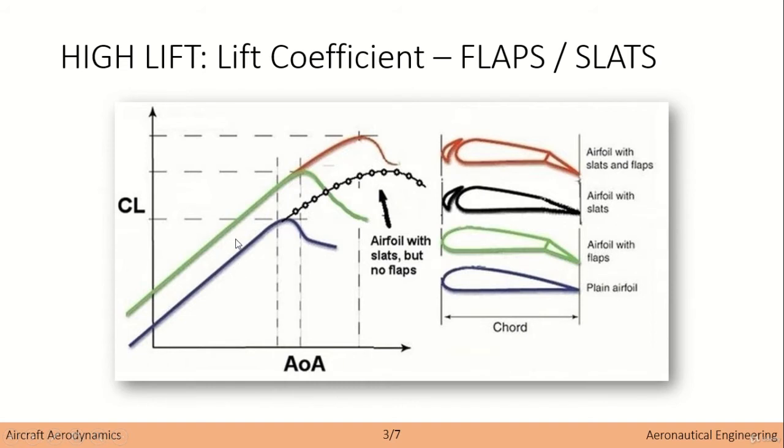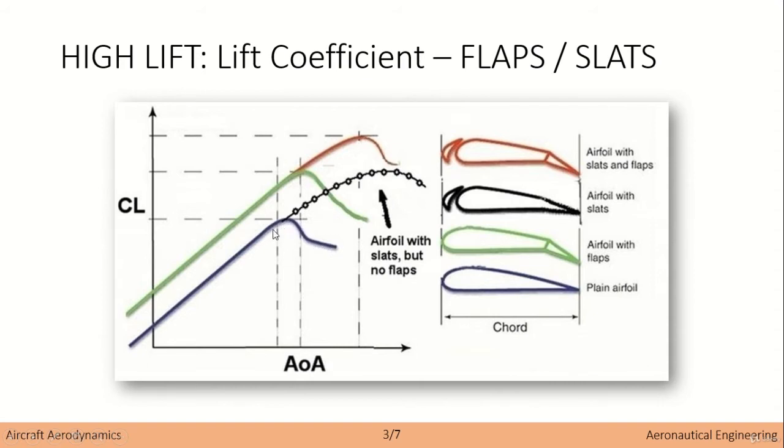Flaps will move the coefficient of lift curve. And if we also introduce slats, like in this black line over here, we are able to prevent this curve of the coefficient of lift from stalling.